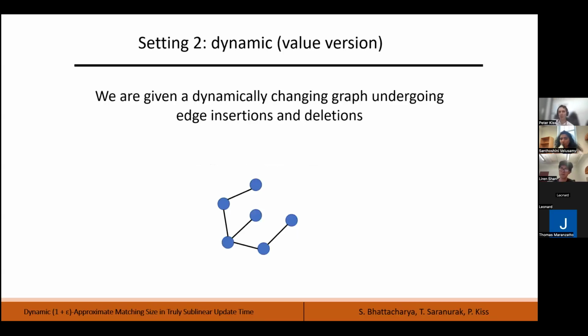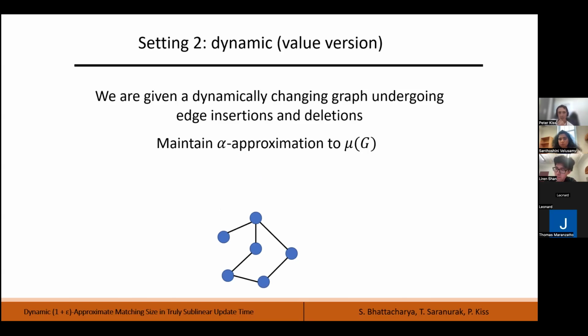The second problem we are going to consider is the dynamic matching problem for the value version, fully dynamic in particular. So here we are given a graph which is undergoing edge insertions and deletions. And our goal is to maintain an alpha approximation to the maximum matching size at all times.